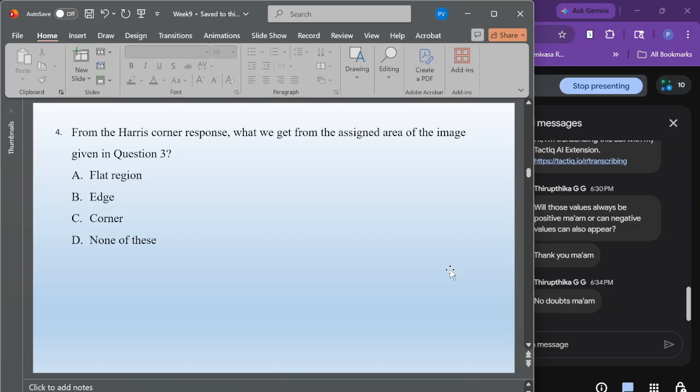From the given Harris matrix, we need to calculate the Harris corner response, and from there determine what that assigned area gives: a flat region, edge, corner, or none of these. Does anyone have any idea how to calculate this?